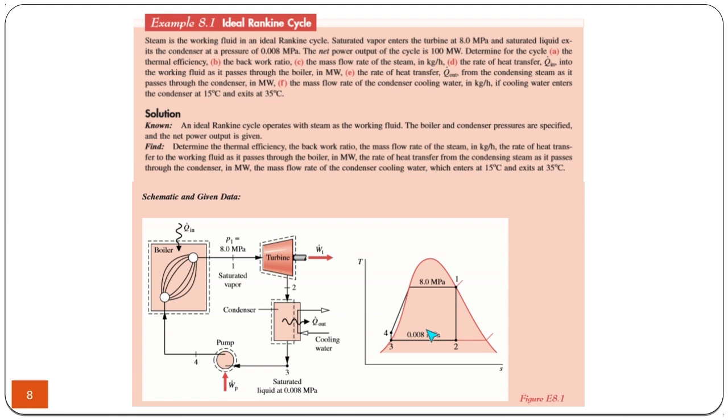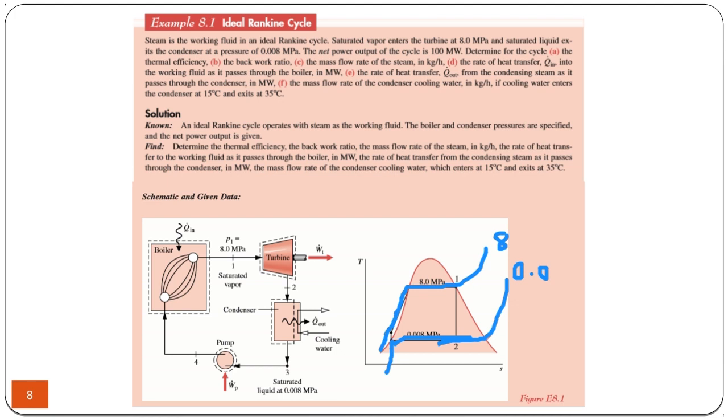And the second pressure is the boiler pressure or the turbine inlet pressure. So this is one pressure here, and this one is the second pressure. So it works between 8 megapascals and 0.008 megapascals.